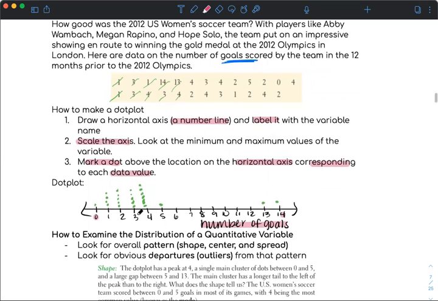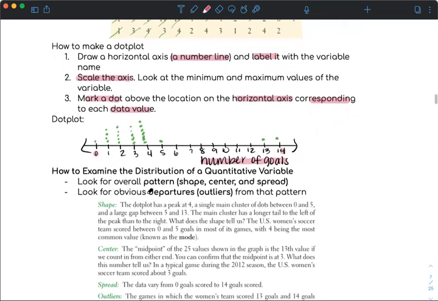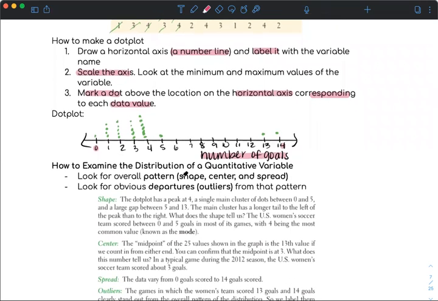And we can describe the distribution. This is something that we're going to be practicing a few times in your homework. When you're describing the distribution, you're looking for the shape, the center, and spread, and then any potential outliers.